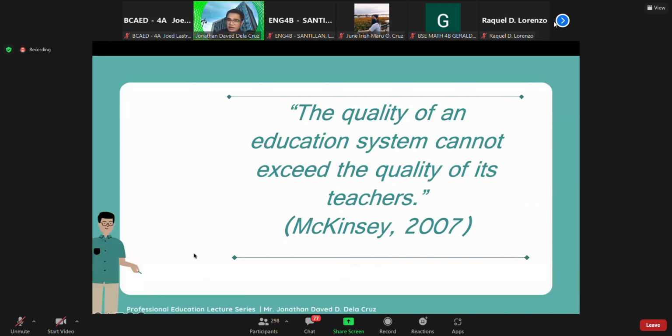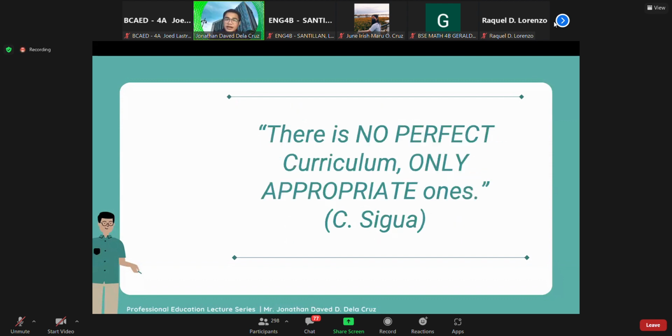According to McKinsey 2007, the quality of an education system cannot exceed the quality of its teachers. So in order to improve the quality of education, we have to improve the quality of teachers. Kung gusto natin pagandahin ang educational system natin, kailangan ihanda natin ang mga magguro natin na maging magaling at mahusay.